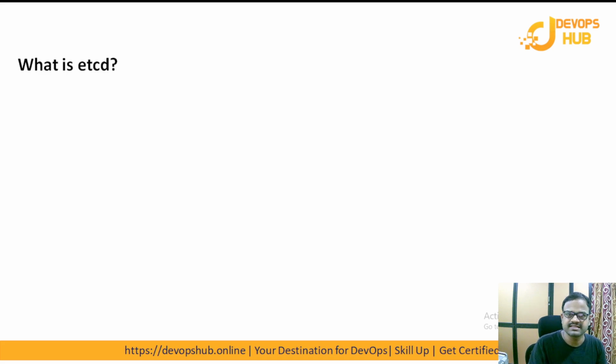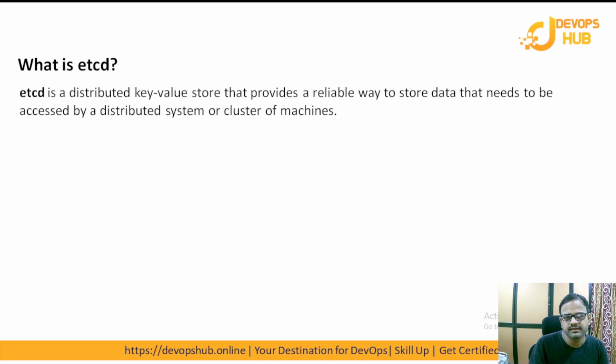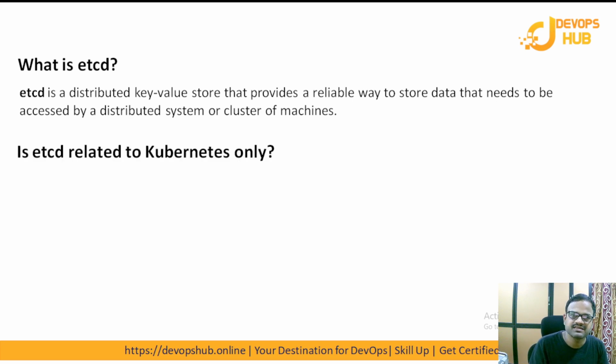So what is etcd? Like we have said, it's a distributed key value store which provides a reliable way to store data that is going to be accessed by a distributed system or a huge number of servers. And Sampath, does etcd belong only to Kubernetes? No, etcd is an important component, the storage backend for Kubernetes cluster resources.